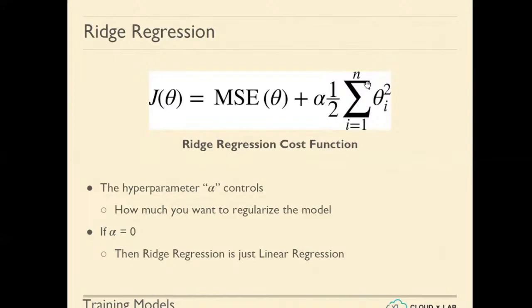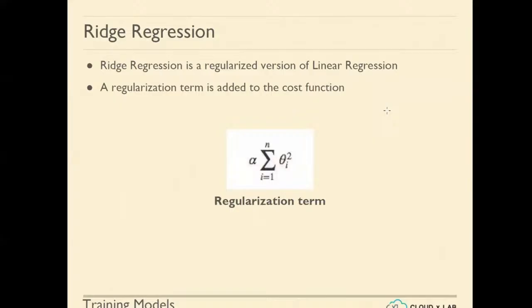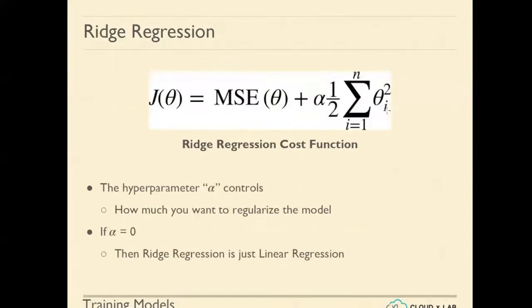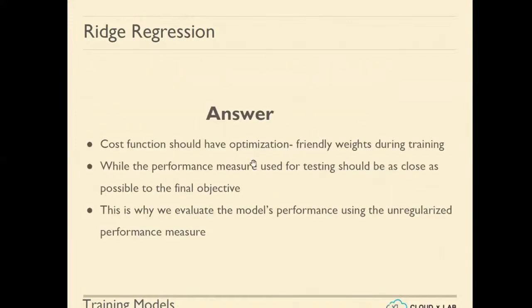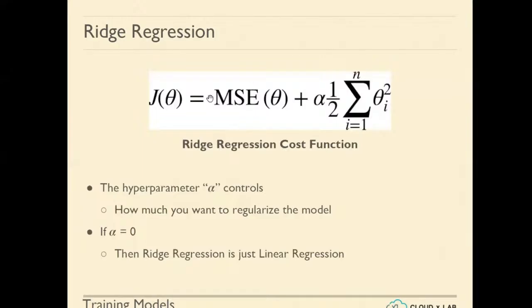The second term can only be minimized when these theta values are small, right? Because we want this combined term, MSE plus alpha times regularization, this J theta, to be as minimum as possible. So we want low error, and at the same time we also want these theta values to be small.